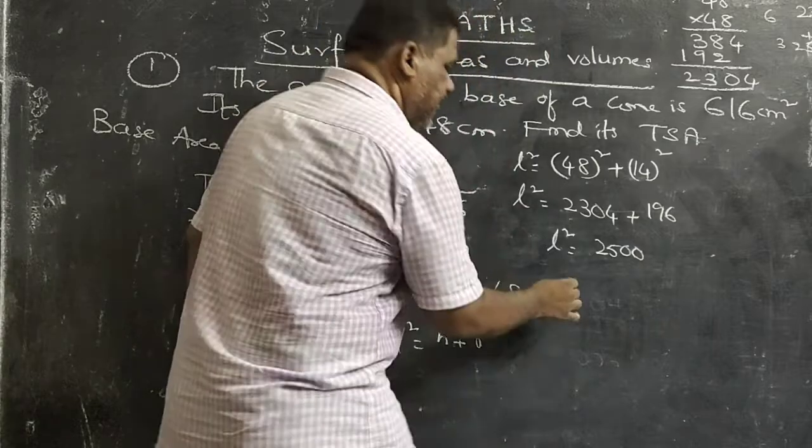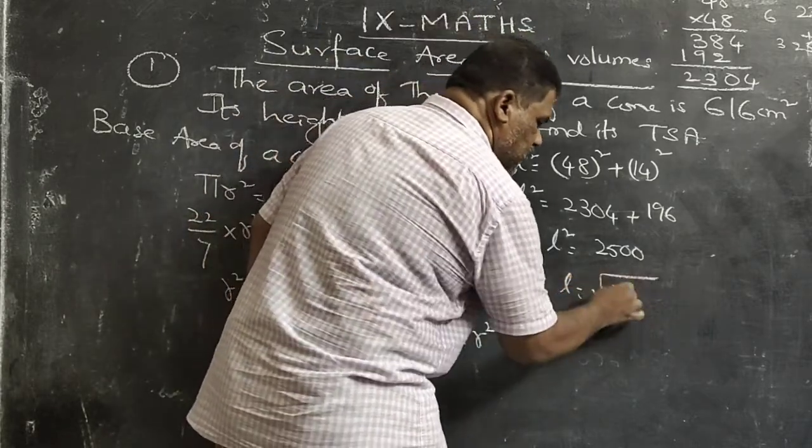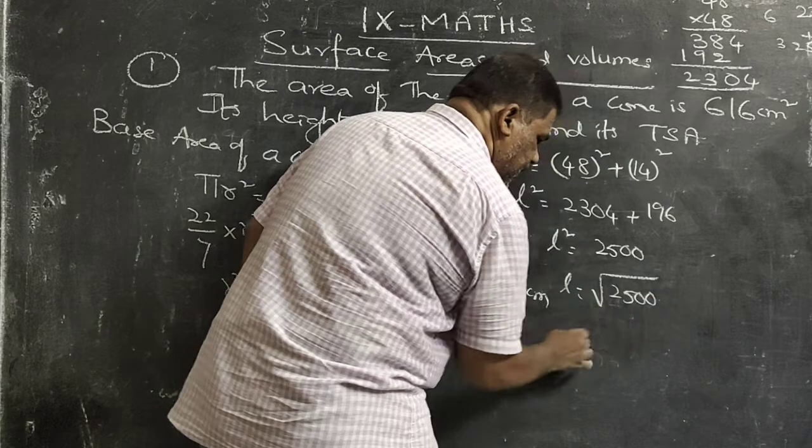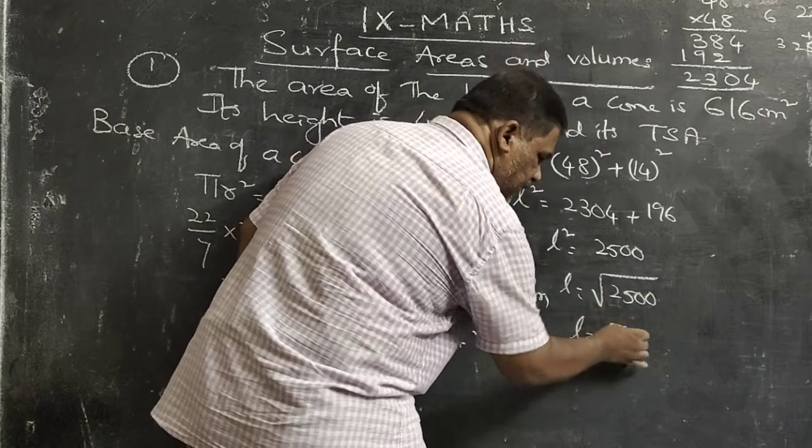L square is 2500, so L is equal to square root of 2500. That is L value is 50.